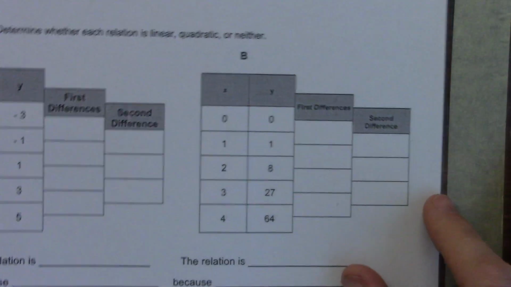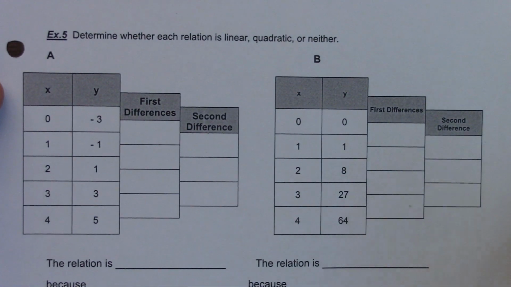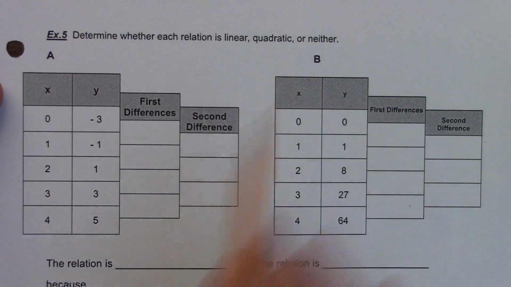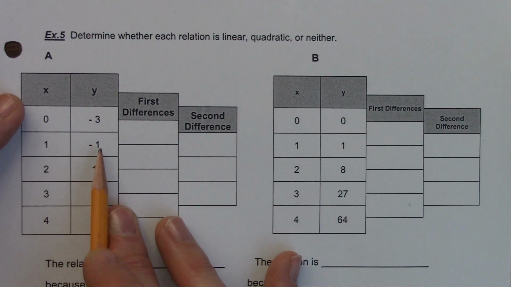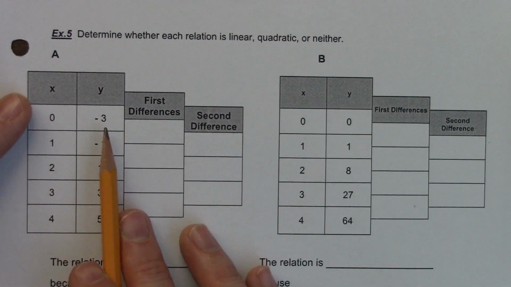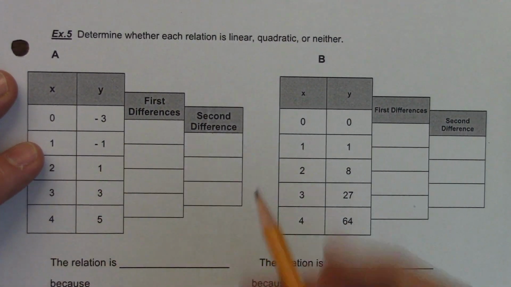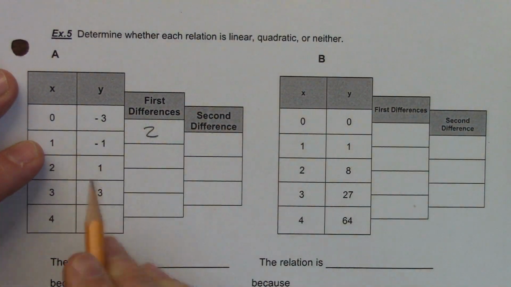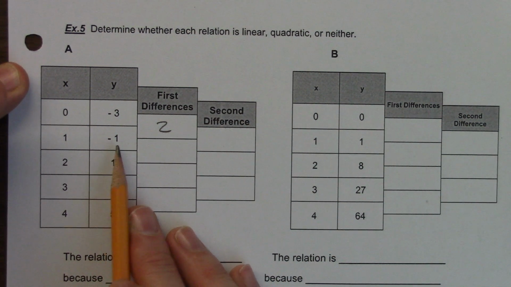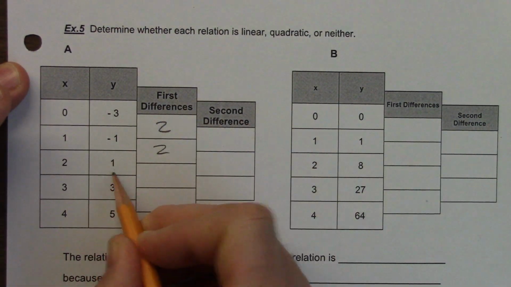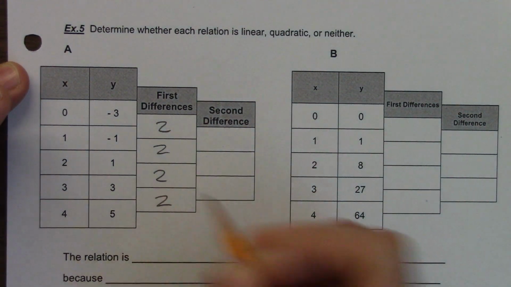All right. Okay, let's keep going. Example 5. Determine whether each relation is linear, quadratic, or neither. Okay, so we're going to calculate the first difference here. So I do -1 minus -3. So it's actually -1 plus 3, which is 2. 1 minus -1, so it's 1 plus 1 is 2. 3 minus 1 is 2. 5 minus 3 is 2.